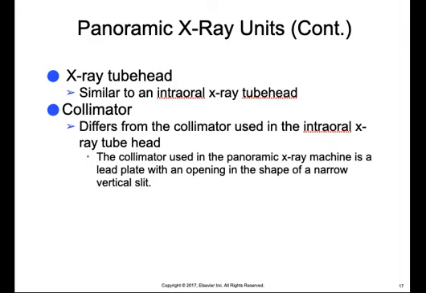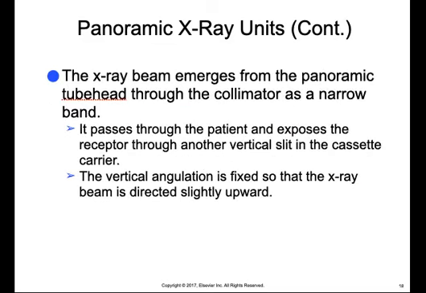The vertical angulation of the panoramic tube head is not adjustable. It rotates behind the patient's head as the receptor rotates in front of the patient. The X-ray beam emerges from the panoramic tube head through the collimator as a narrow band.